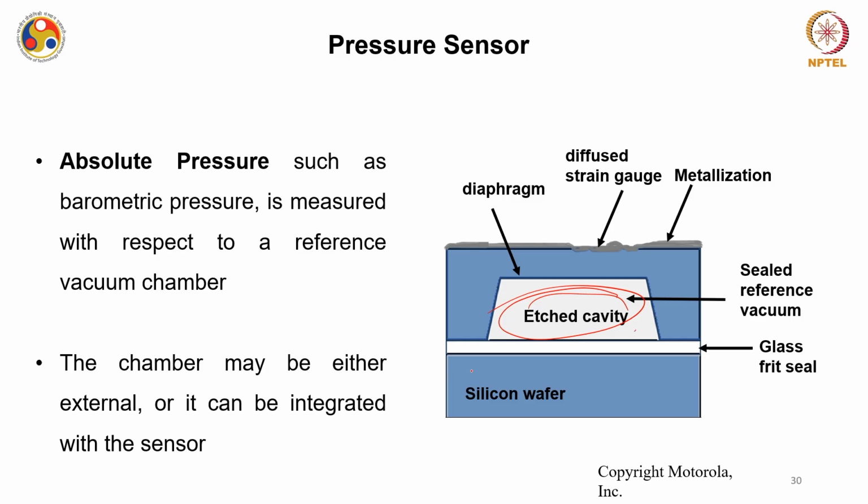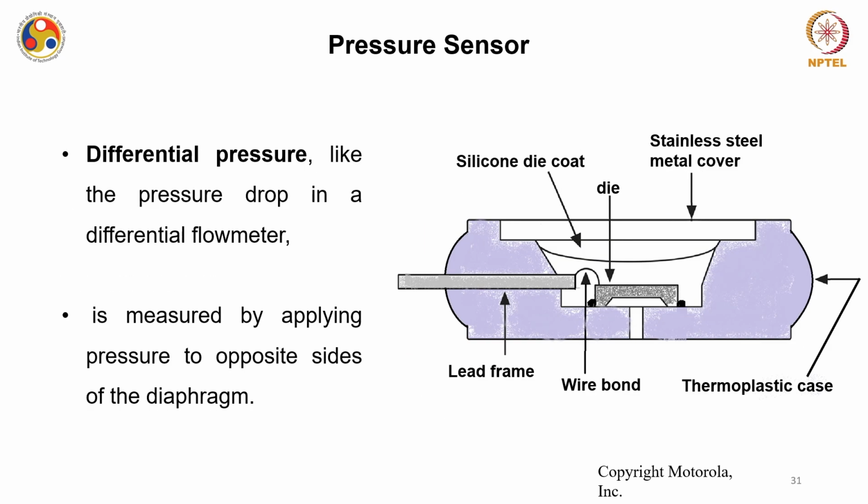So, this kind of device comes under devices where the reference vacuum is integrated with the existing device. This is a very basic layout of an absolute pressure sensor where everything is etched out of silicon and the etched cavity acts as a reference vacuum. The other things are the diaphragm, the diffused strain gauge, and other metallization for taking contact.